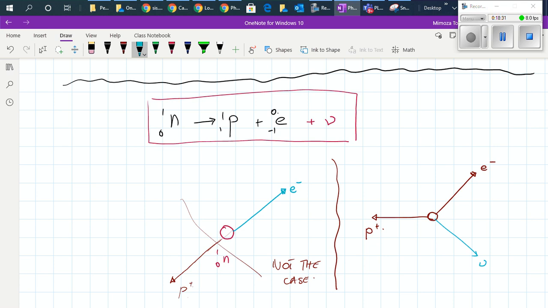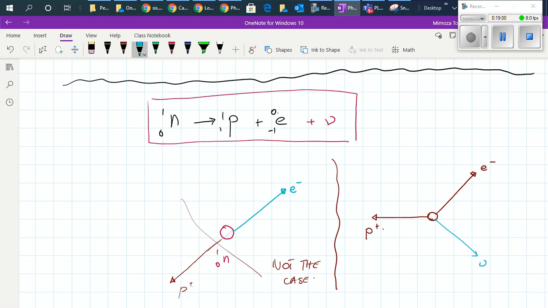The conservation of angular momentum requires that the sum of the particles after the interaction is equal to the sum of the particles before the interaction.